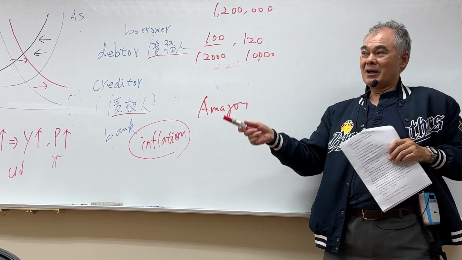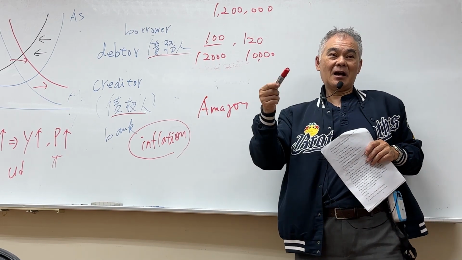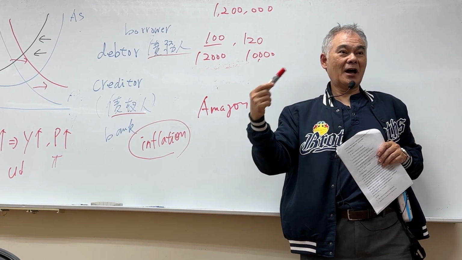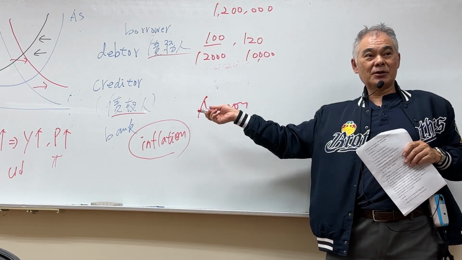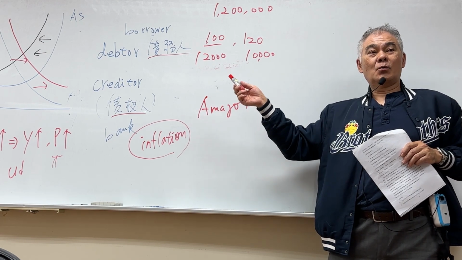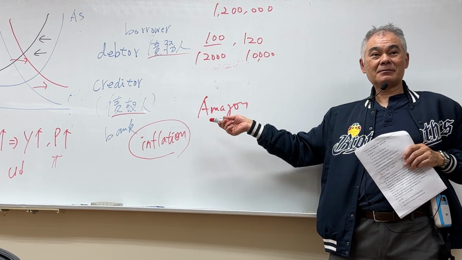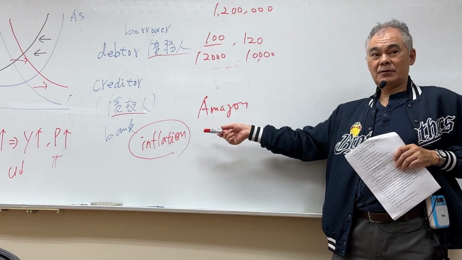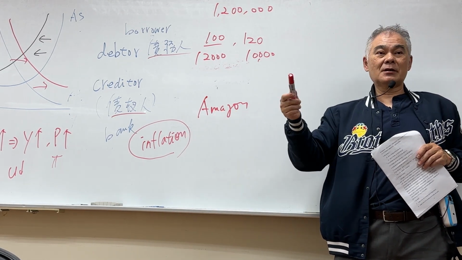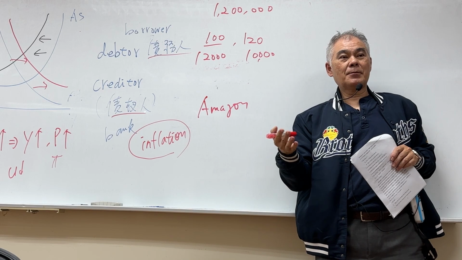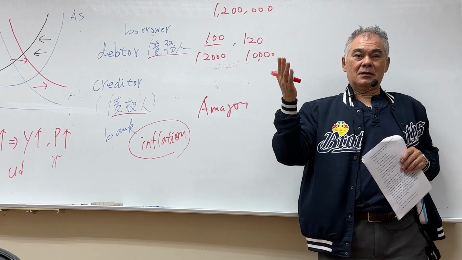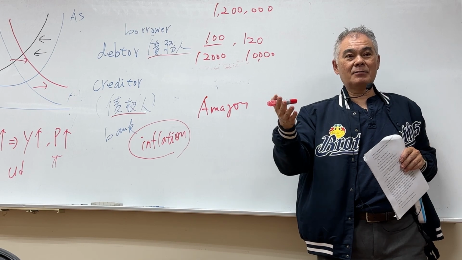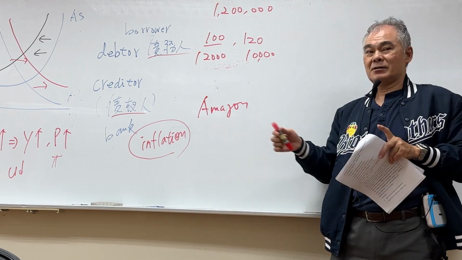Why? Because inflation, and they got regular payment, okay, fixed payment, so they don't like it. They want increase in wages. Okay, so you got it? So regular workers suffer from inflation. Of course, the boss may give them a raise, they may not, but if they don't give them a raise, they would go on strike.